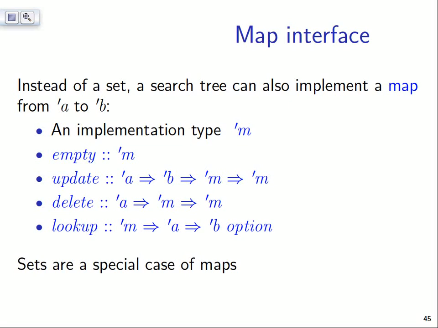So sets, of course, are special cases of this map type, where the type B is simply the type of Booleans, where you map elements to true or false, whether they are in the set or not. And so we will ignore the map most of the time, and we will just use the set interface. But it's usually a trivial extension if you have something that implements sets, at least if it's something like a search tree, to upgrade it to implement a map.